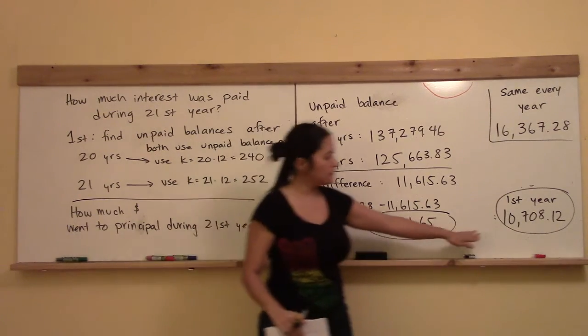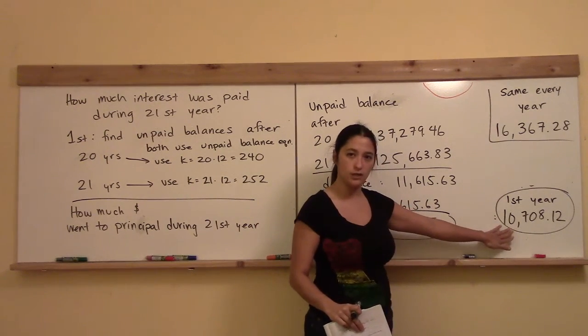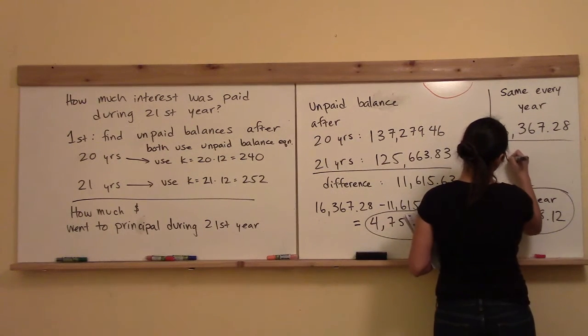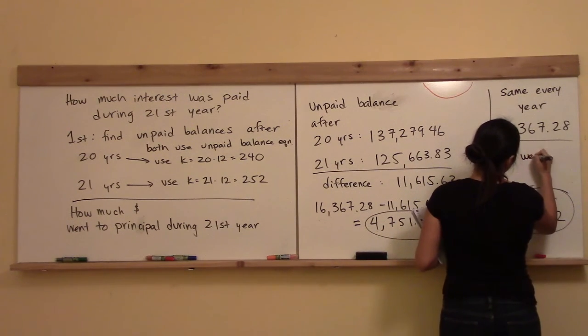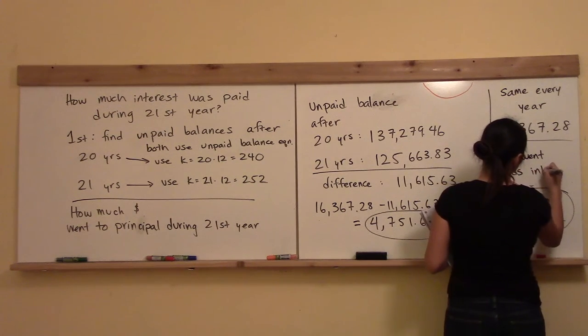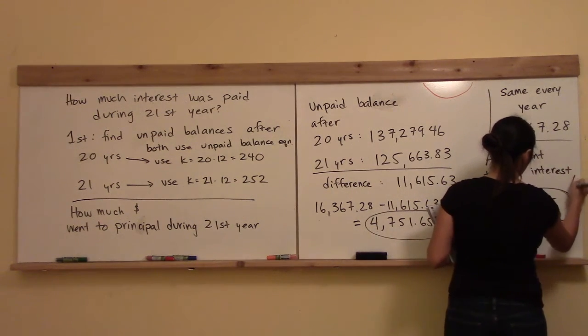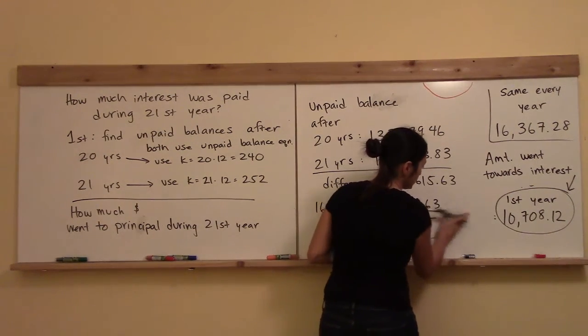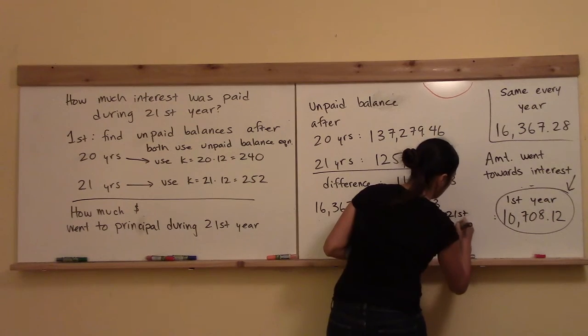Okay? So this number I've circled here is the amount of money that went towards interest in the 21st year. Over here, this is the amount of money that went toward interest in the first year. Okay? So these things that I circled are the amount that went towards interest in the first year, and this is going to be for the 21st year. I'll just write that. 21st year.